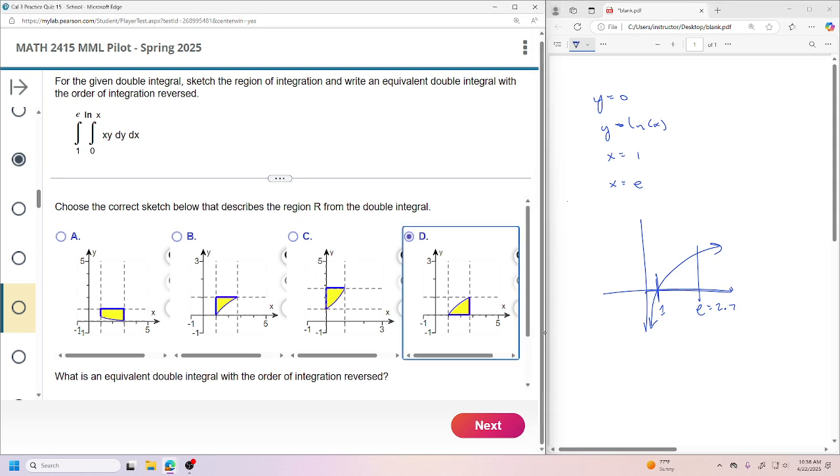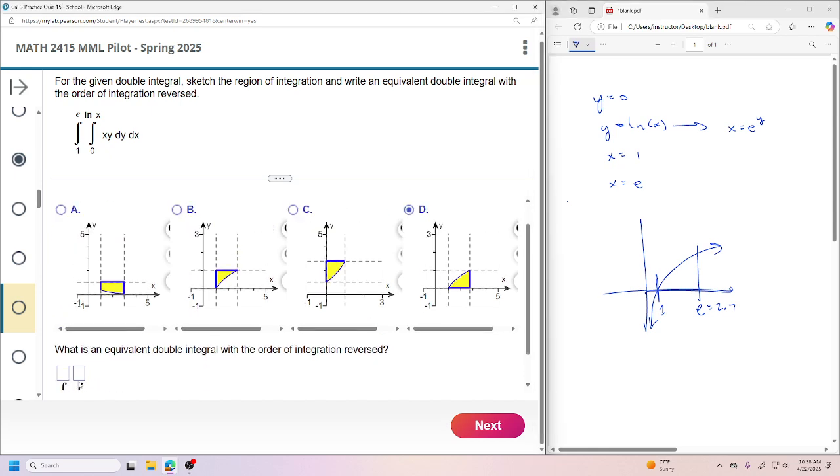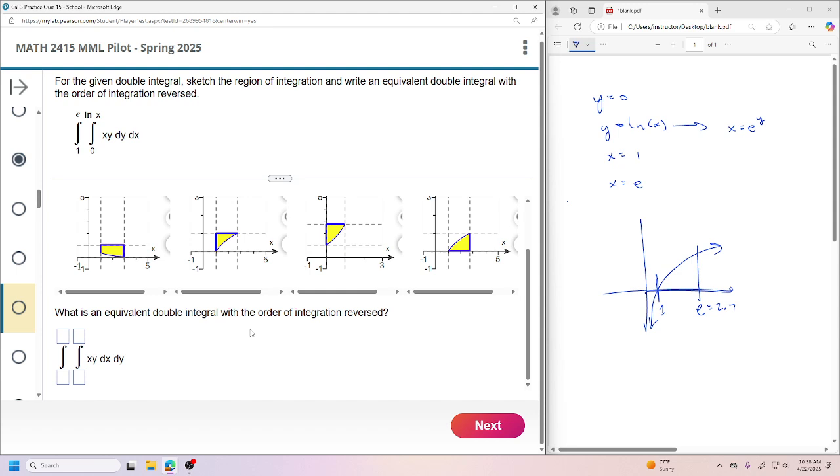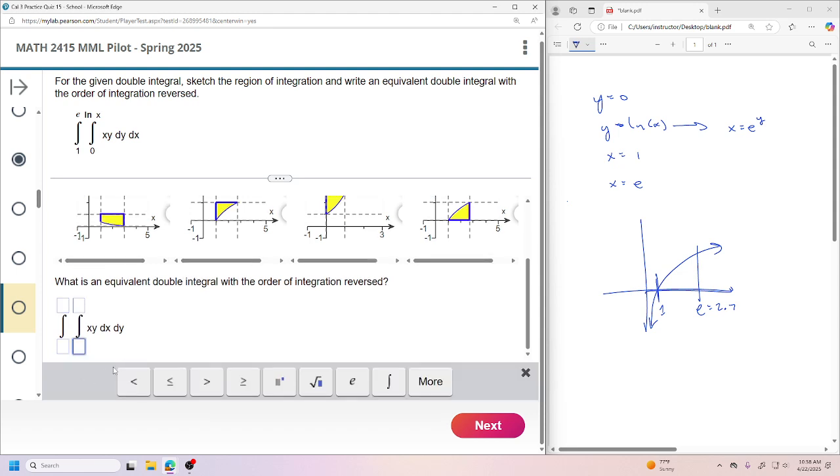To me it looks like the same thing as last time essentially. But because we're going the other way, I would now have to say that x is equal to e to the y. So I'm starting with left and right. So this is on the left side, and this is on the right side. On the left side is e to the y.